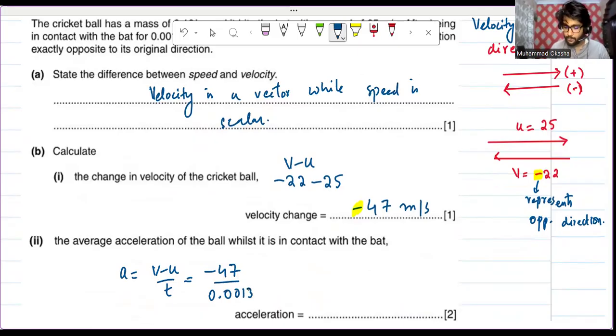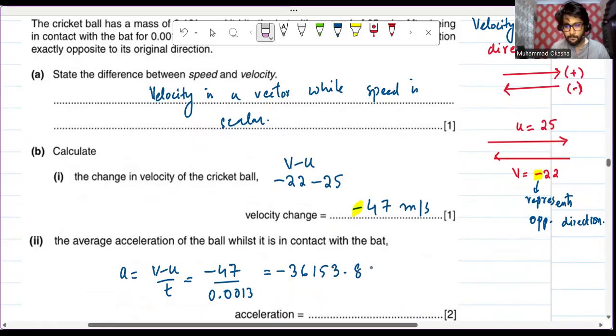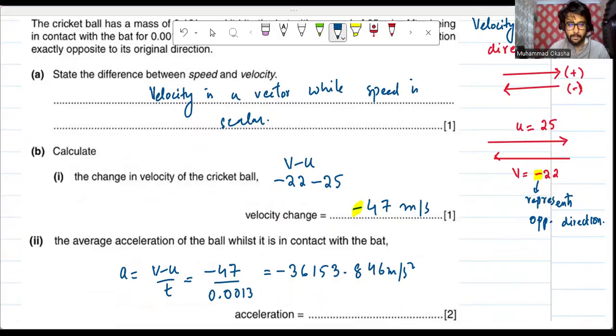So negative 47 divided by 0.0013 is going to be negative 36,153.846 meters per second squared. Make sure you do it this way, otherwise it'll be regarded as incorrect.